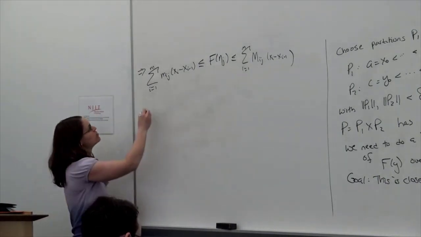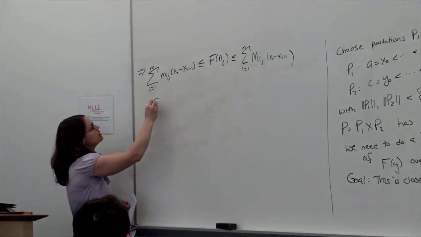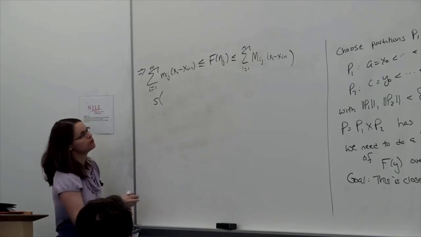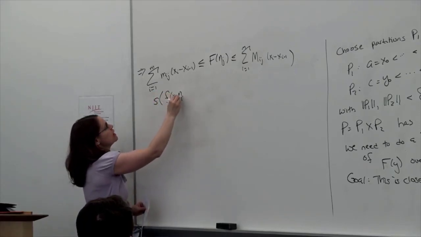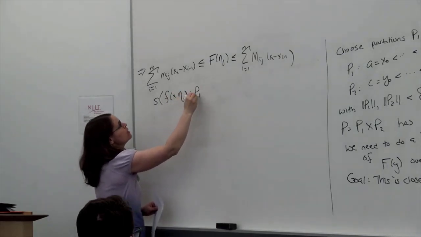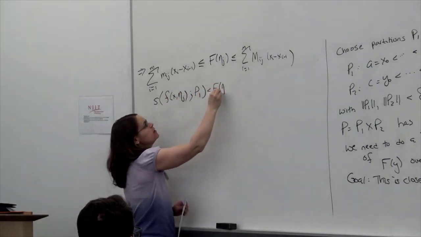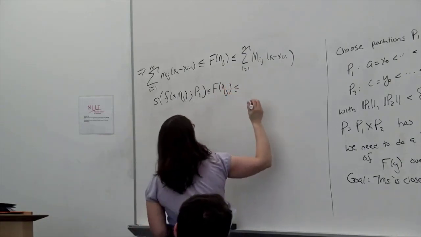Another way of saying this is that the lower sum of little f of x and a to j over p1 is a lower bound, and the upper sum is our upper bound.